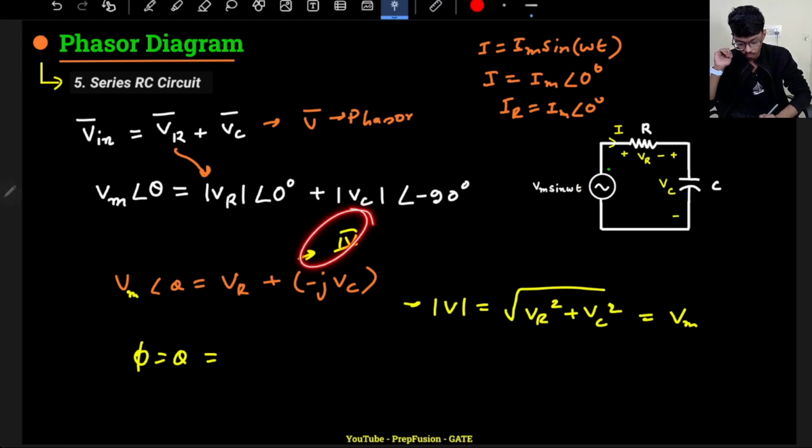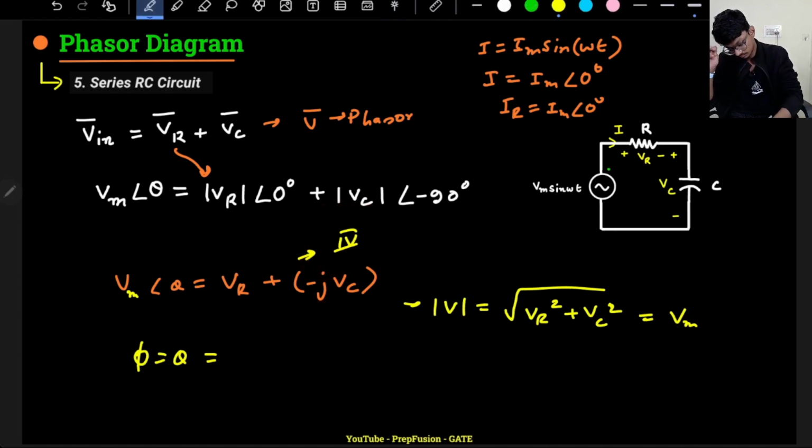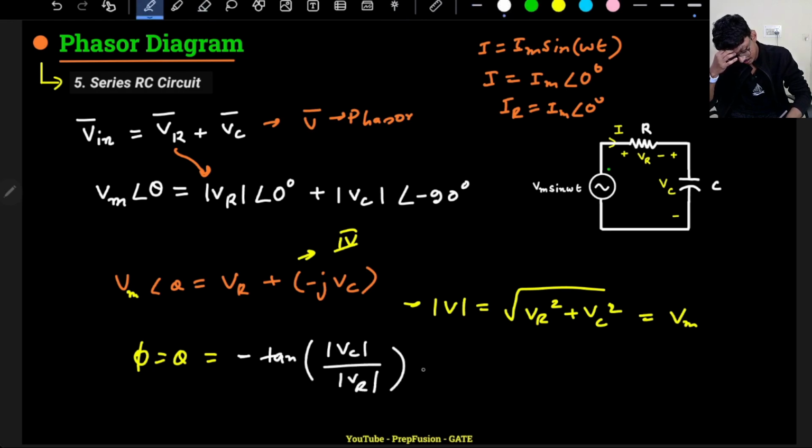So if I am lying in the fourth quadrant, basically it will be minus j. So this will be the negative of tan inverse of magnitude of Vc divided by magnitude of Vr. Magnitude of Vc is simply I into 1 by j omega c, correct?